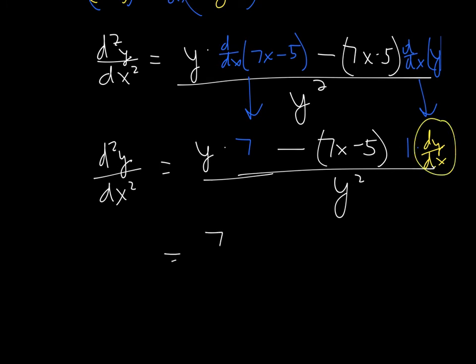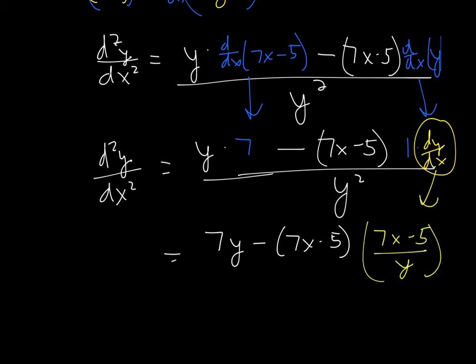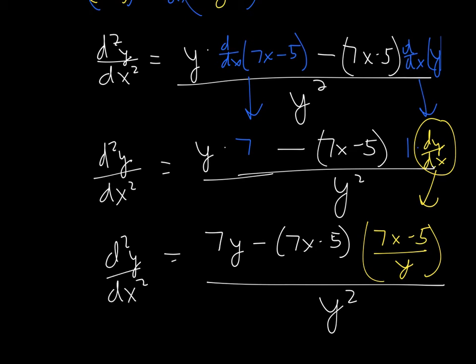So I'm going to rewrite 7y minus quantity 7x minus 5 times 7x minus 5 over y, all over y squared. And like I said before, I'm going to try to simplify the numerator first and then take care of the denominator. So if that denominator is bugging you, just ignore it for now.